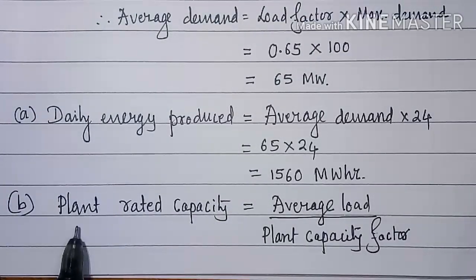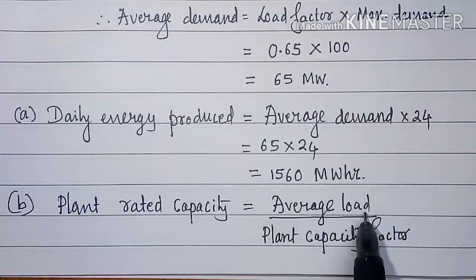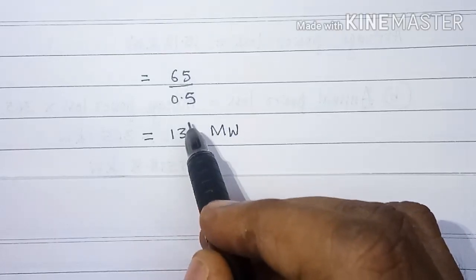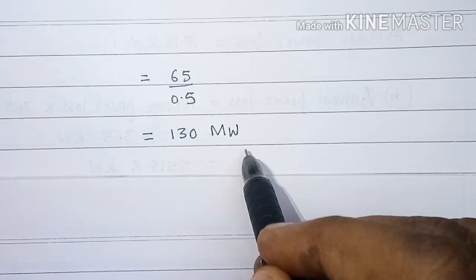We are writing this for plant rated capacity by using the definition of plant capacity factor. Plant capacity factor by definition is average load divided by plant rated capacity. 65 divided by 0.5, that is equal to 130 megawatt.